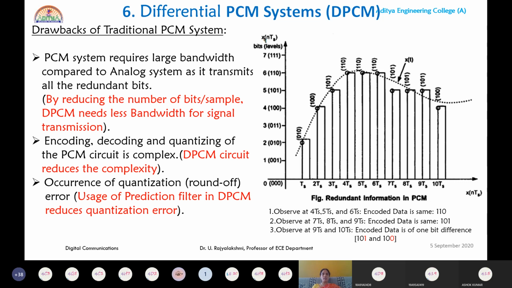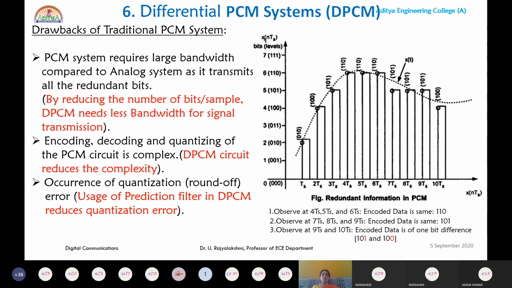And the third drawback is the occurrence of quantization error. This quantization error is also called round-off error. Because we are transmitting all the bits present in the sample, it generates some deviation from output to input.